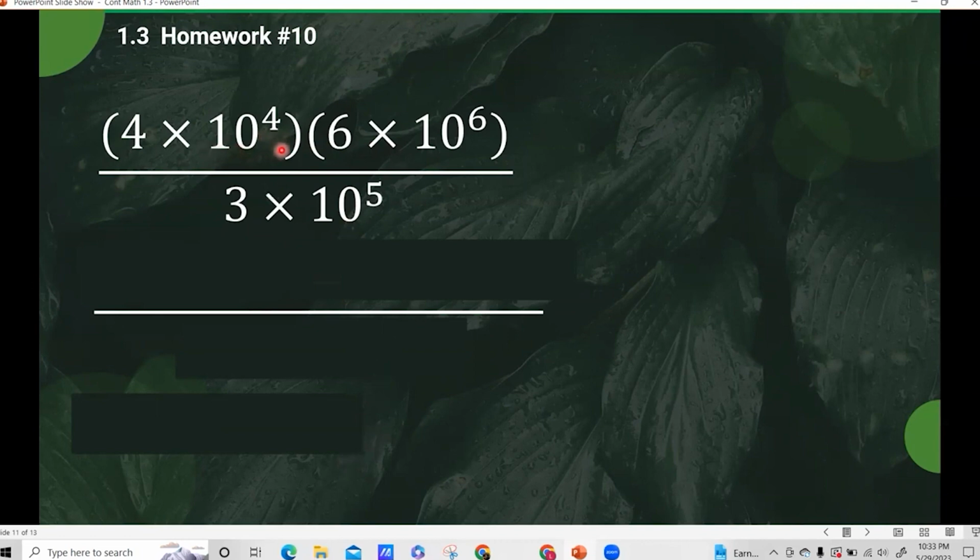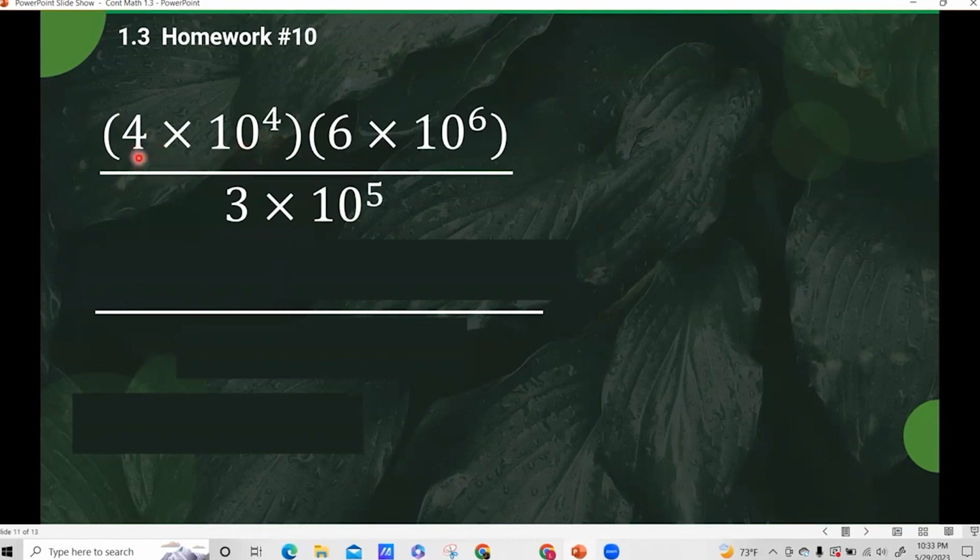We're going to take each individual part. So we're going to take 4 times 10 to the 4th. Let's take this out of scientific notation and put it in fixed point. It's actually pretty easy. 4 times 10 to the 4th is just 4 with 4 more zeros. Okay, so 4 with 4 zeros is 40,000.